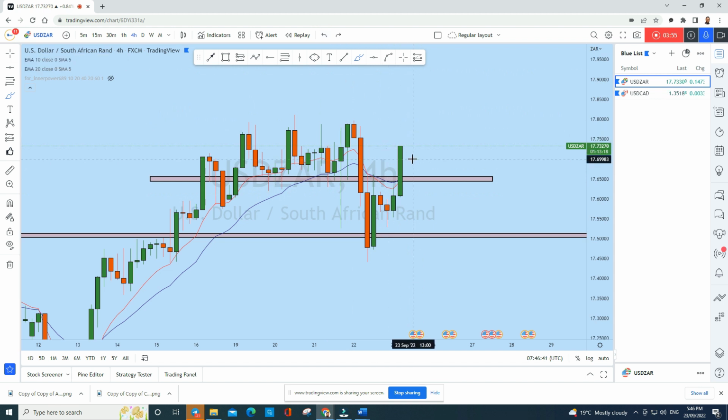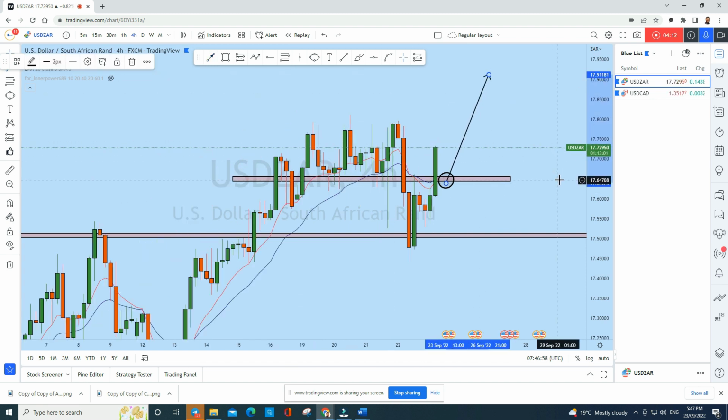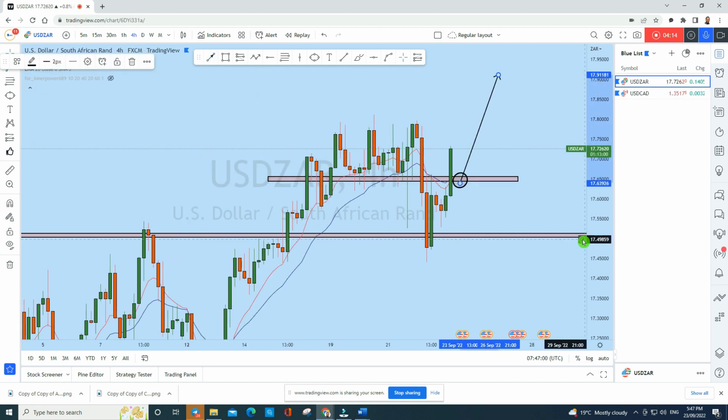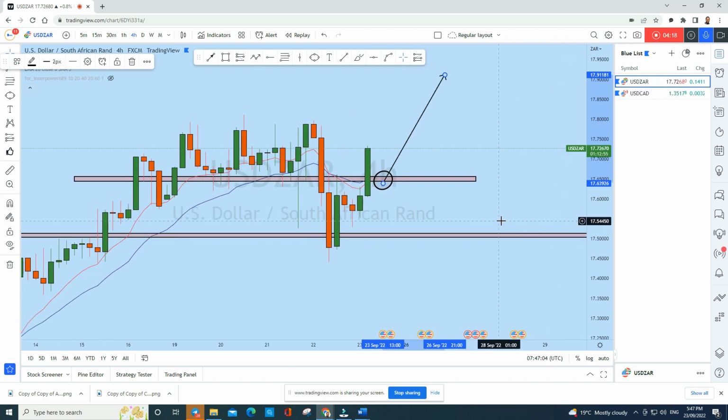What we can expect after the closing of this candle is the price to come to this zone to test this previous resistance zone, the neckline of this double bottom formation, as a support, and then to be rejected. Once we find the price action that we are looking for according to the rules of our strategies, we'll consider going long on USDZAR with a high probability setup with our students.